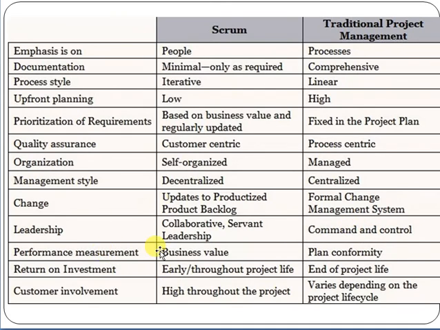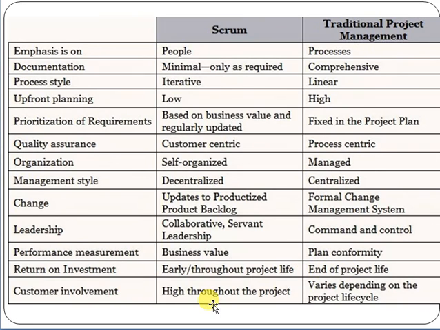Performance measurement is dependent on business value, like how much business value you are getting in Scrum, and in waterfall or traditional, it depends on plan conformity. Return on investment is early throughout the project life, and in the traditional, it depends on the end of the project life.